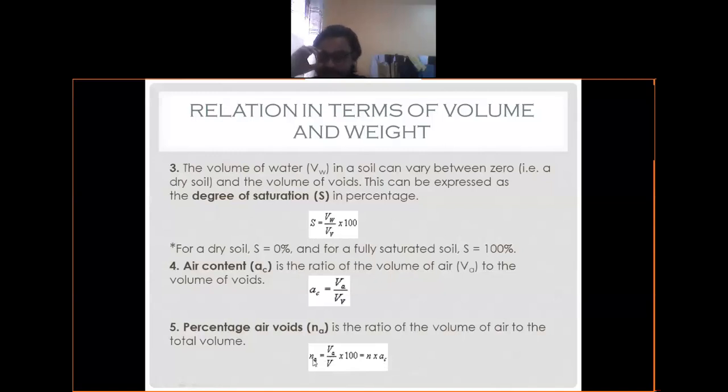You can do it by yourself also. Take the relation of porosity and multiply by the air content, you will get percentage air void. That's why we get this relation na equals n multiplied by AC, the relation between porosity, air content, and percentage air void. So you can just note it down.